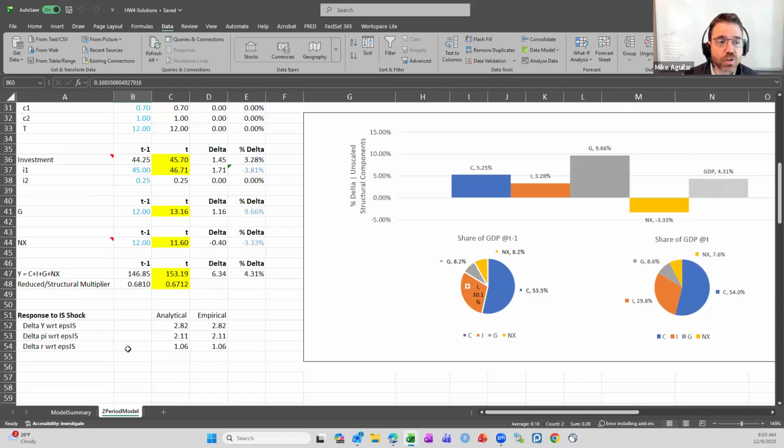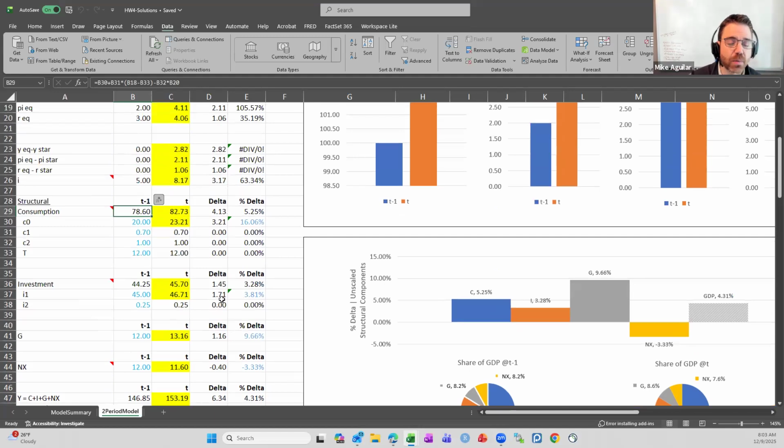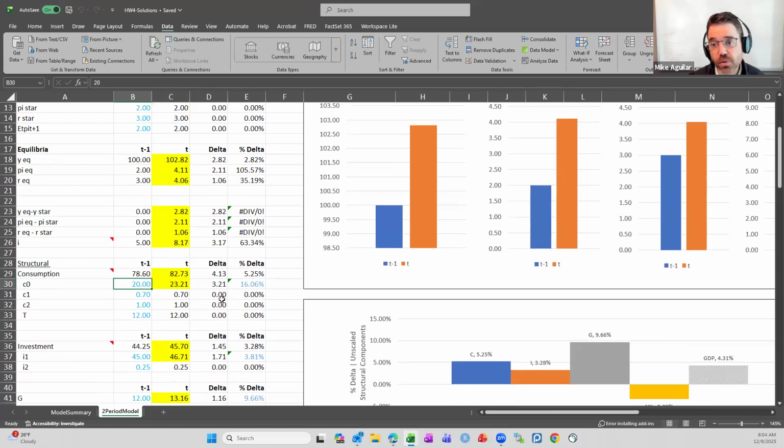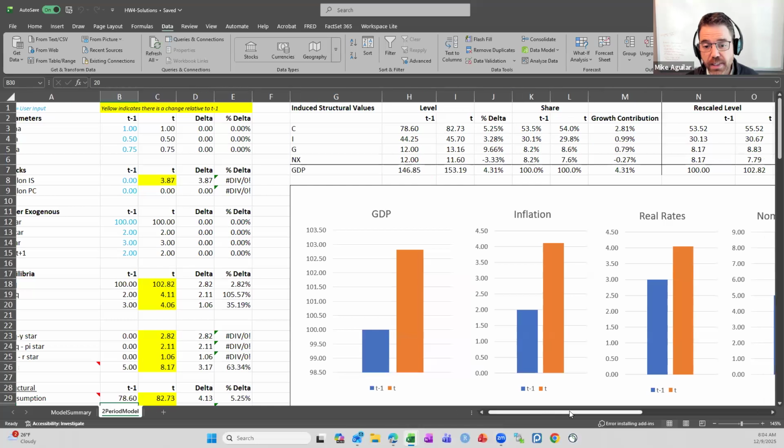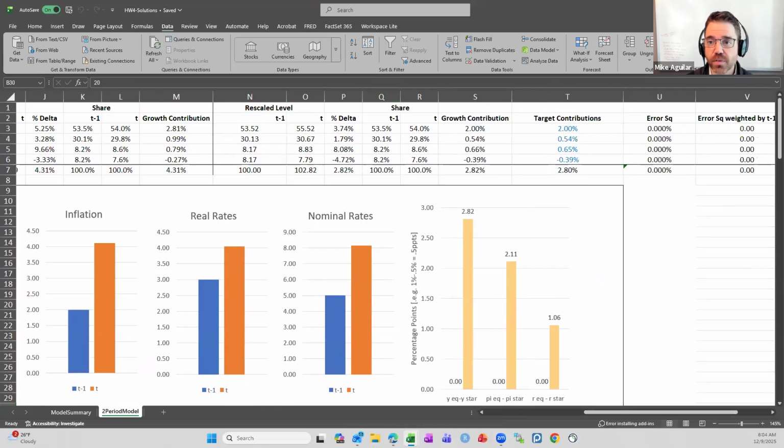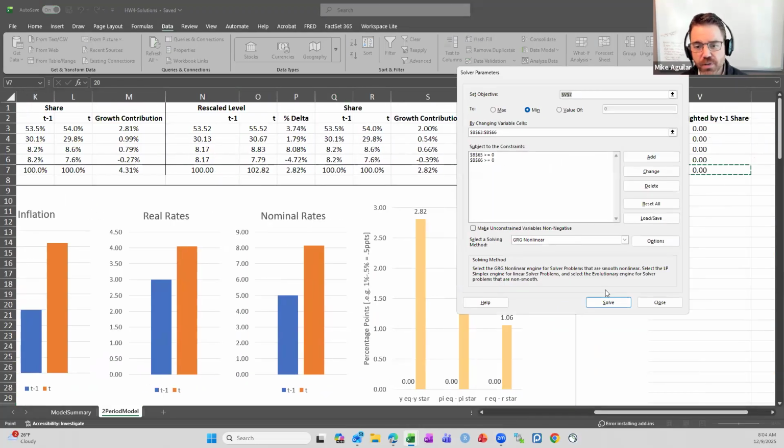And in fact, you could try to make an argument, oh, well, they're a companion, right? C0 is inside of C. So if C0 is positive, that must mean that C is positive. Likely, technically not necessary, but likely. But the stronger point is to be consistent with our model structure, where the parameters are non-negative. Okay, so I would then go back over here, go to solver, call that up, and you just hit solve.